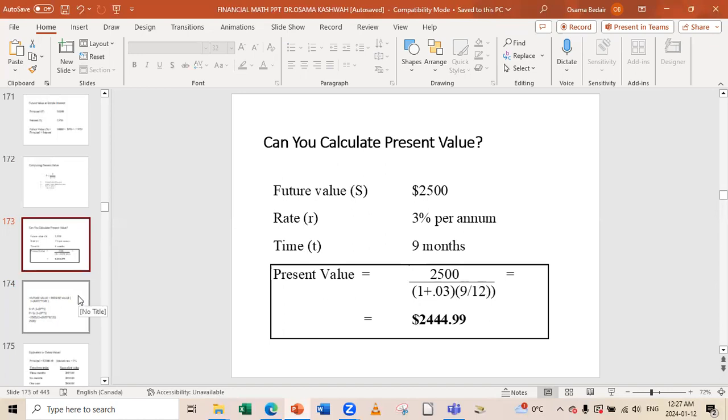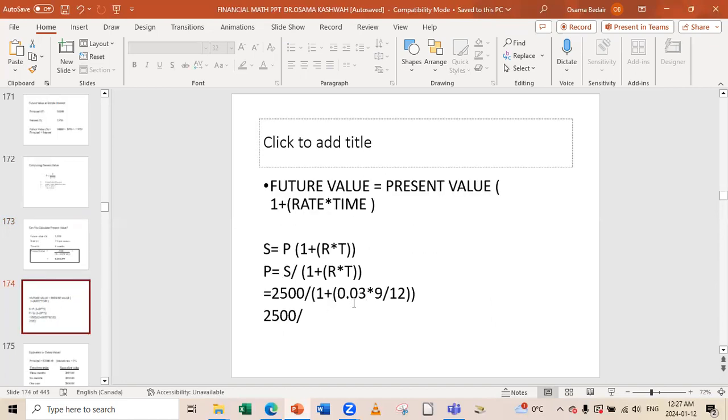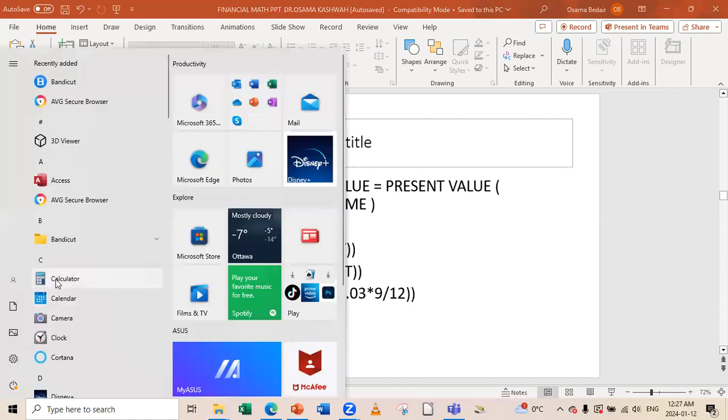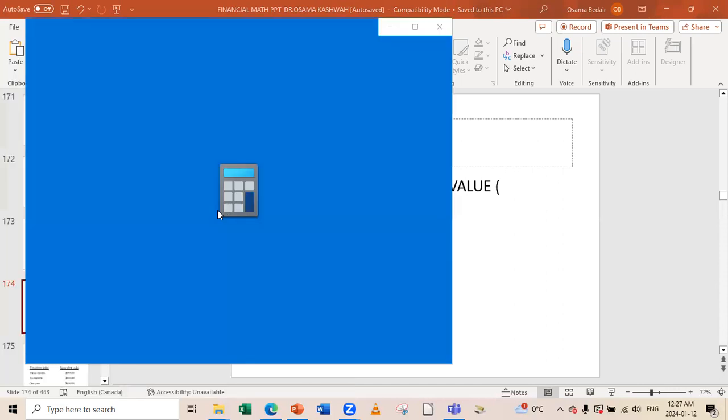We can just see how it is. 9 divided by 12 is 75%. So here we go to the calculator to see how we can do it.